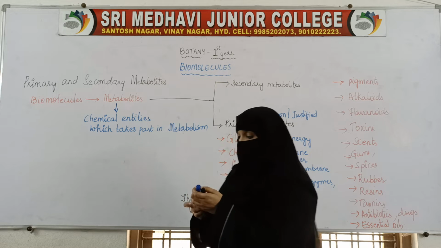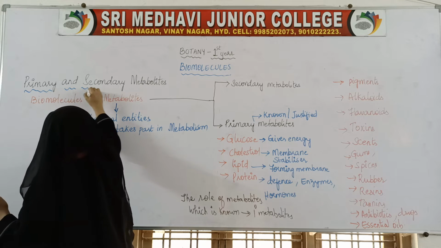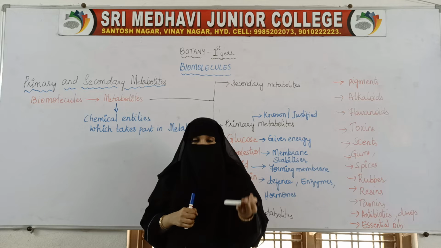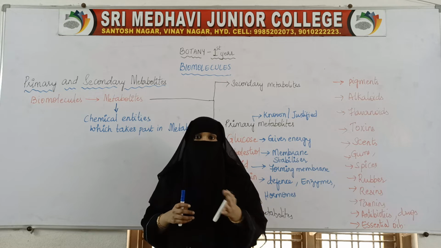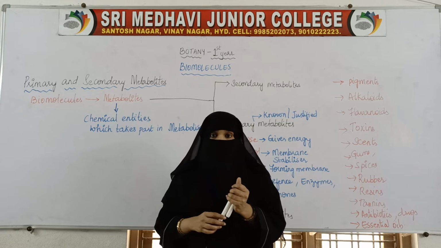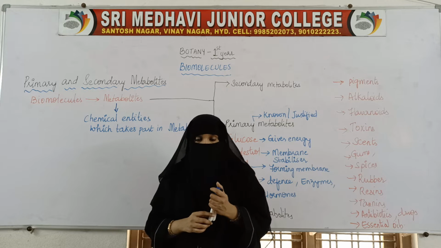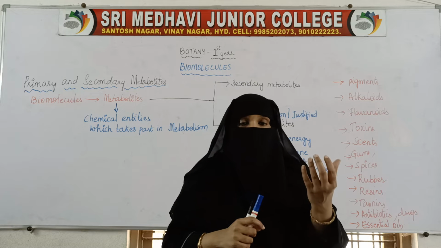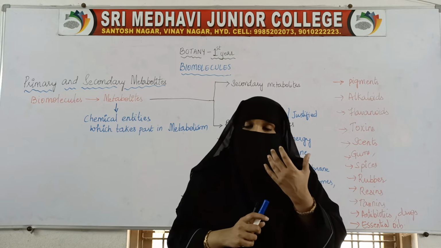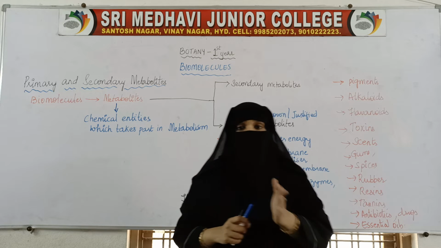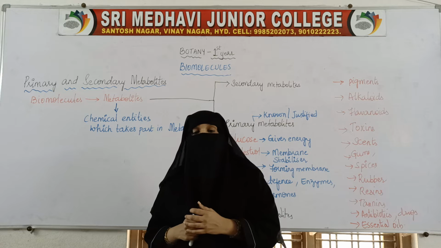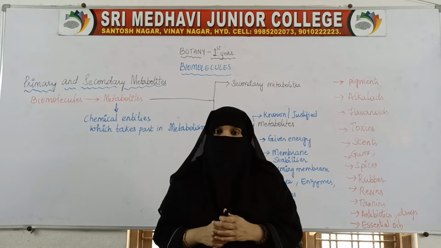Here these amino acids, lipids, proteins, carbohydrates, polysaccharides, monosaccharides, nucleotides, nucleic acids, all these are biomolecules. Carbohydrates, amino acids, proteins, lipids, fats, fatty acids, nucleosides, nucleotides, DNA, RNA, all these things which are present in the bodies of living organisms are called biomolecules.